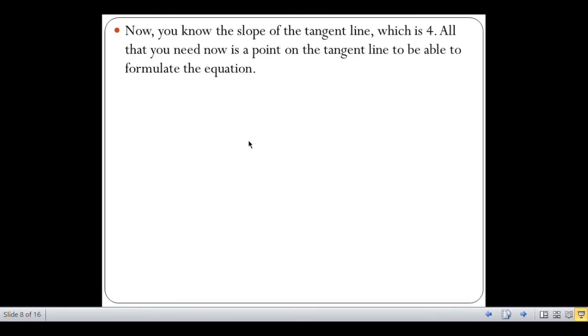And then, for our next solution, now you know the slope of the tangent line, which is 4. So 4 yung nakuha natin sa slope of the tangent line. All that you need now is a point on the tangent line to be able to formulate the equation. Bago tayo mag-formulate ng equation, hahanapin muna natin yung slope, wherein 4. Tapos, after makuha yung slope, hahanapin na po natin yung point on the tangent line.